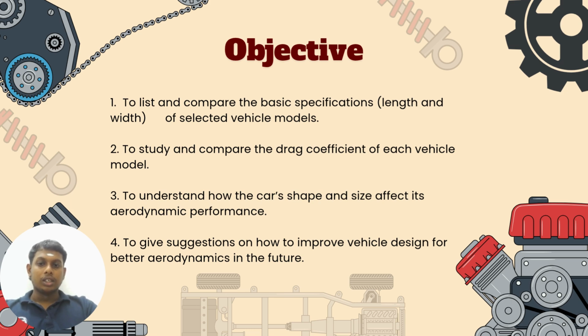The third is to understand how the car shape and size affect its aerodynamic performance. The fourth, the last one, is to give suggestions on how to improve vehicle design for better aerodynamics in the future.